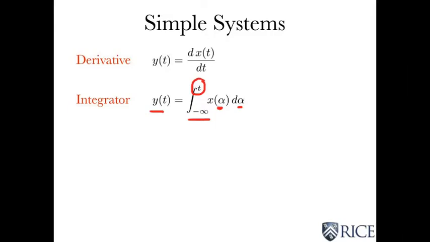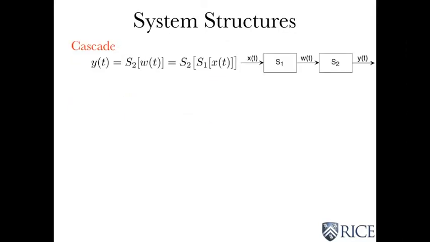Okay, those are our simple systems. Let's put them together. So let's talk about some simple structures. Perhaps the simplest is called the cascade structure. And essentially, all it has is one system after another. We've already seen this in the fundamental model of communication.